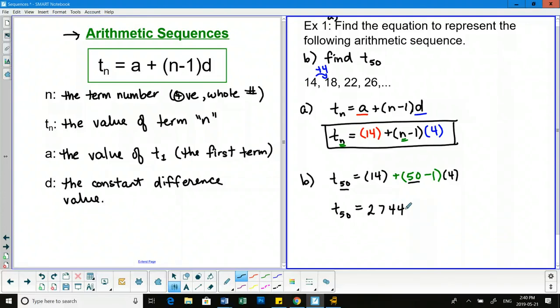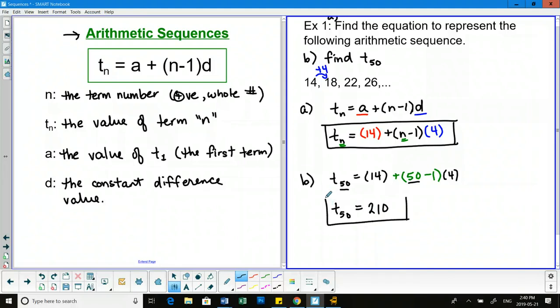Jolie, did you do it? I'm doing it. Okay. I got 210. Ooh, okay. So someone got 210, someone got 2744. Let's check that one more time. So 49 times 4 plus 14, 210. All right. Yeah.